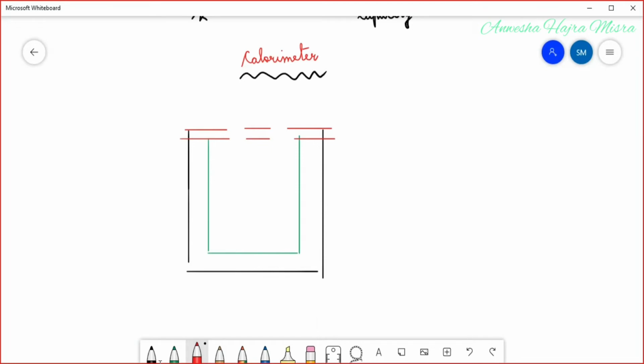Now, a calorimeter is more or less like a thermoflask. Now, this is a wooden jacket. This is a polished copper beaker.